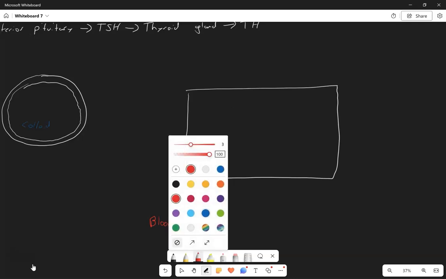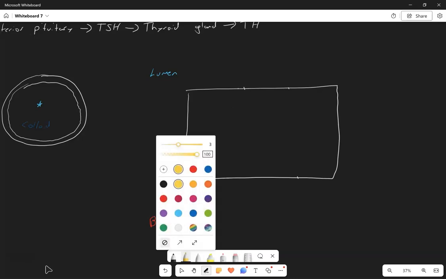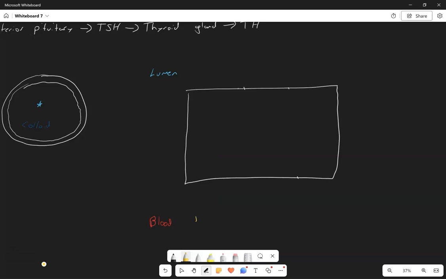And then up here in blue, this is going to be our lumen up here, right? So remember, this is the lumen here. Now that we have our blood and our lumen, we are going to take and put some iodide in here.